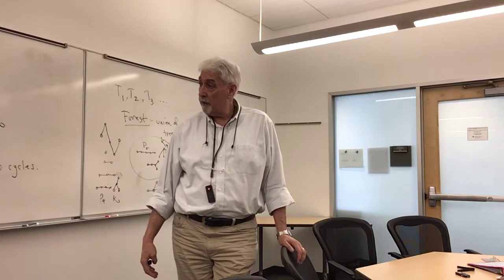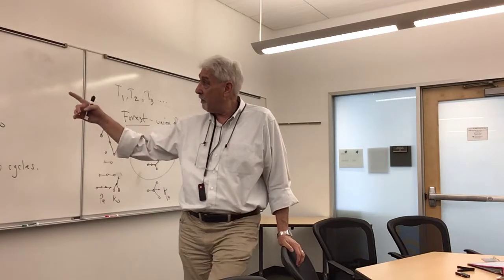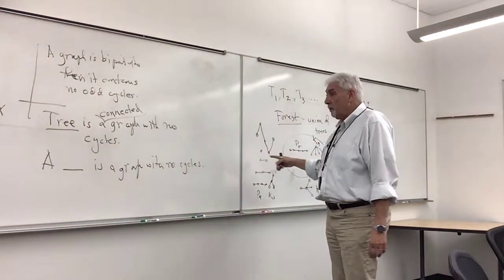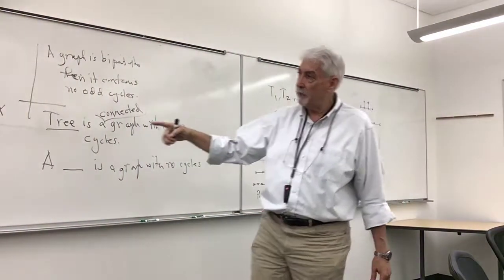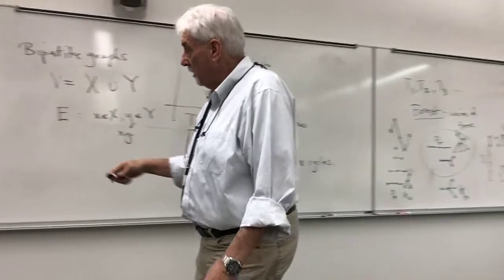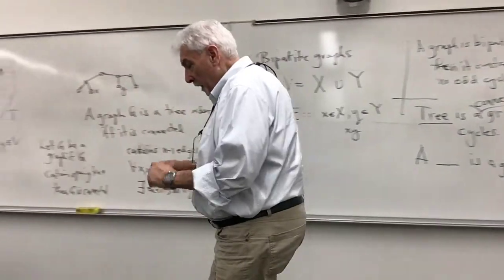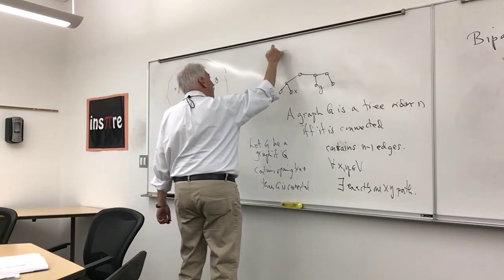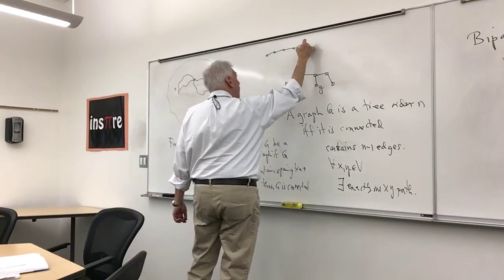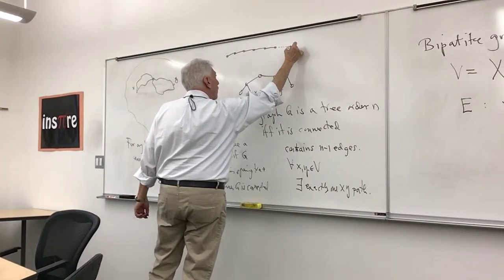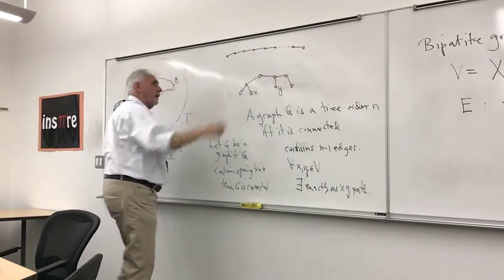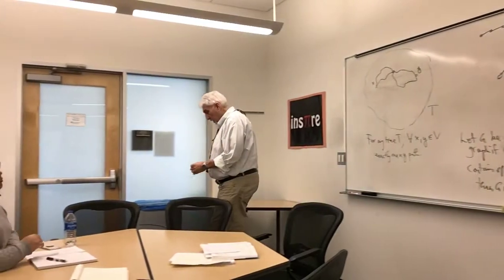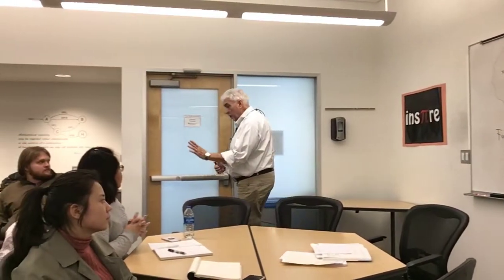Okay, so trees. I got a tree, it's a connected graph, contains no cycles, and do I know how many edges it has? So let's see, one tree of order n. There's n vertices. This is a tree of order n. This is better known as the path.